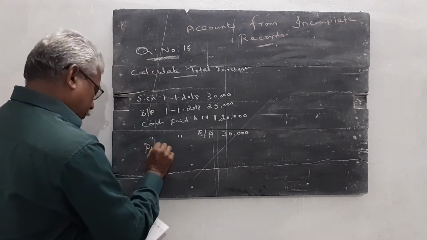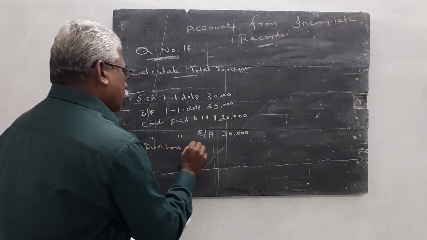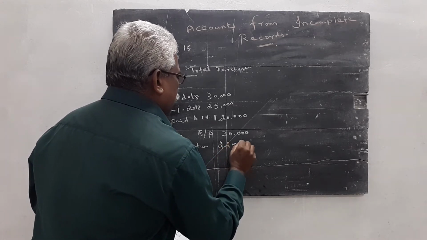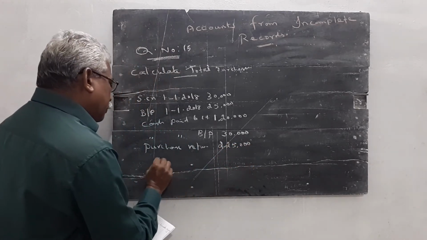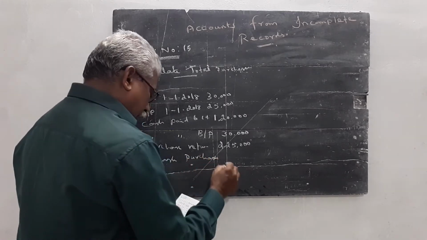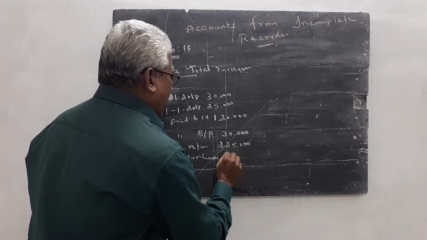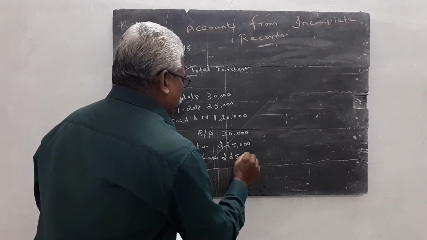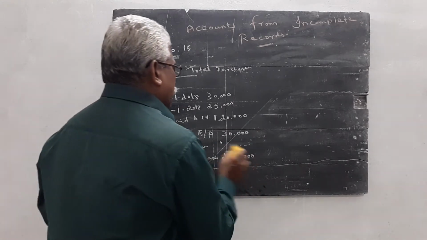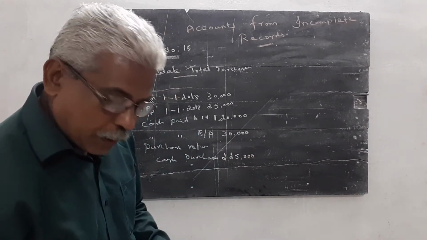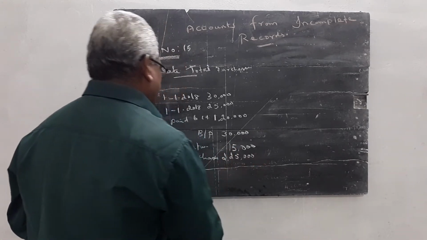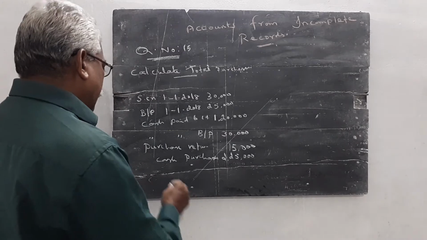Purchase return 15,000. Then cash purchases 2,25,000.